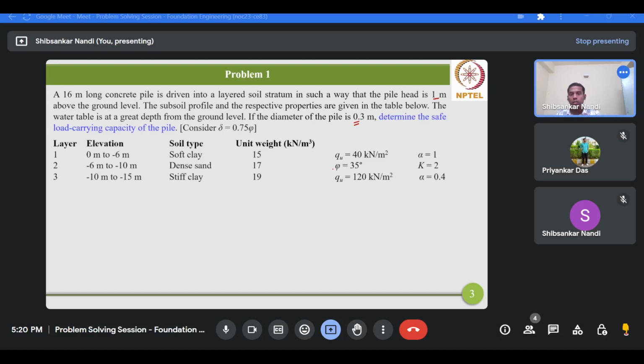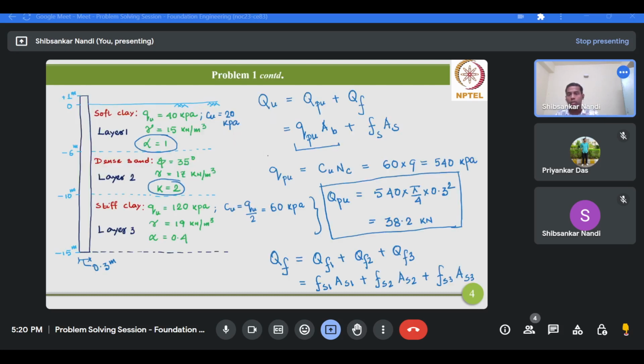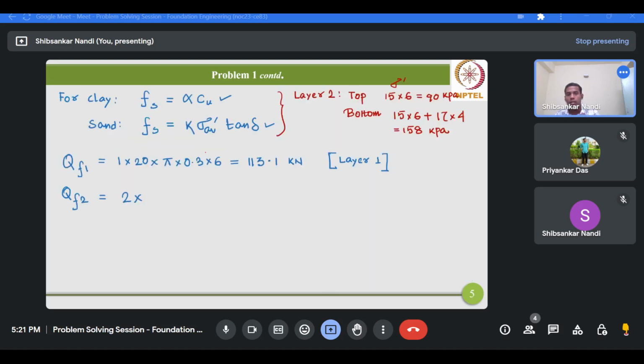Here this is 17 kN per meter cube, this is 15 kN per meter cube, and we are determining the sigma average for this layer 2. So at the top, 15 multiplied by 6, that is 90, and at the bottom 15 multiplied by 6 plus 17 multiplied by 4, 158.